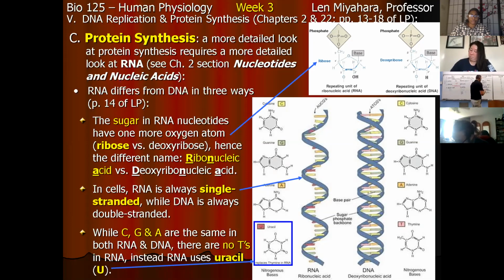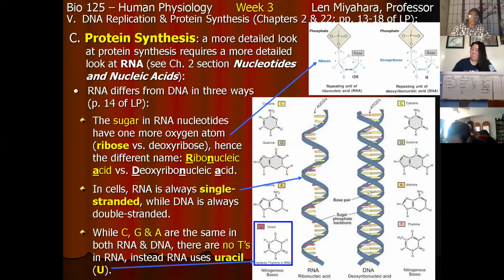It is very similar. This is an example of the second slide of the semester, specificity. It is very similar, but it's slightly different. And it replaces thymine in RNA.